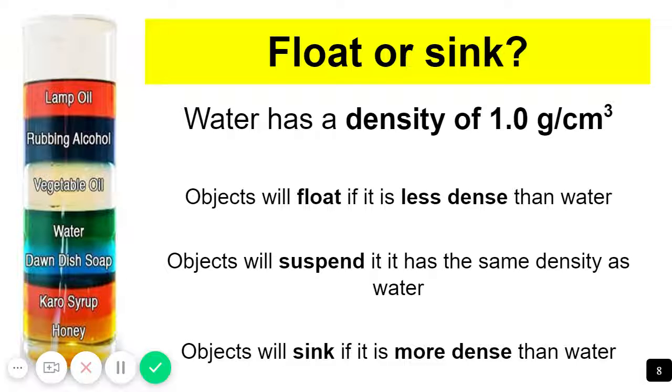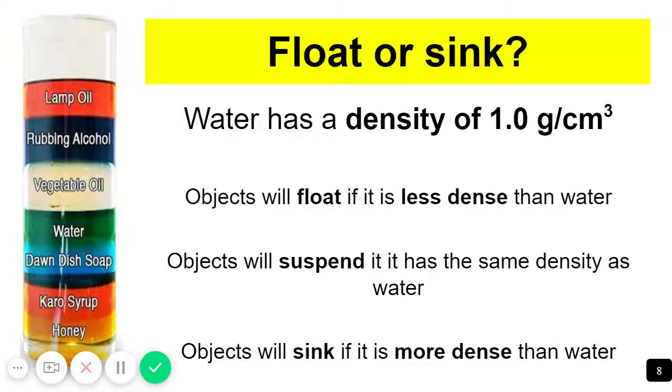Now, before going into the calculation, let us think about this concept of floating or sinking. Water, as we know, has a density of 1.0 grams per centimeter cube. Now, let's look at the left-hand side here where you will see a 7-layer column. You notice that water is in the middle, all right? That separates the first 3 layers and the last 3 layers. So if the object were to float and I were to drop it into this column, if it floats, it means it's actually less dense.